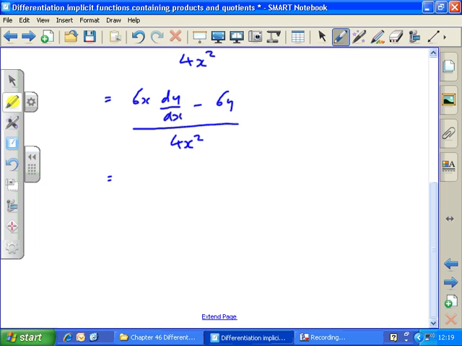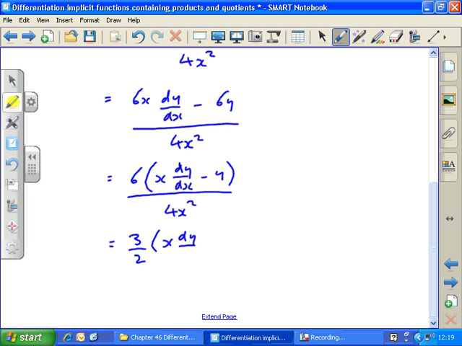So if I can take a 6 outside the bracket, this leaves x dy by dx minus y all over 4x squared, and 2 goes into 4 and 6 to leave 3 over 2 times x dy by dx minus y, over x squared, which I can combine together as they've done in the book, or take the 2x squared underneath and call that 3 over 2x squared, and then multiply that by the bracket x dy by dx minus y.